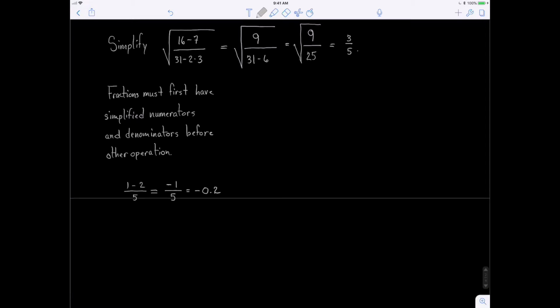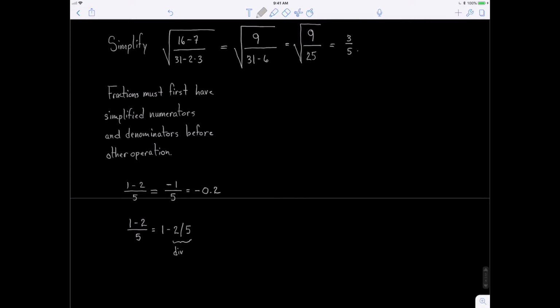Now, here let's be not correct. 1 minus 2 divided by 5. If I type this in the calculator, here's what I see happening. People forget what has to happen. Notice now that the first operation is not the subtraction, it becomes division.